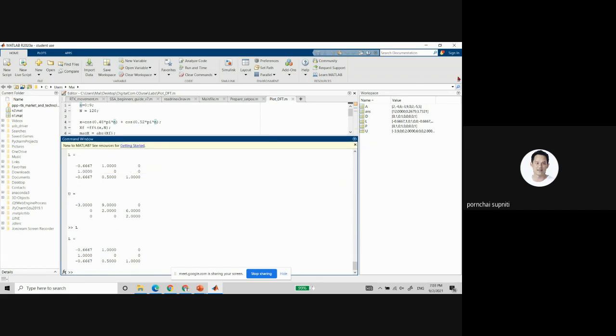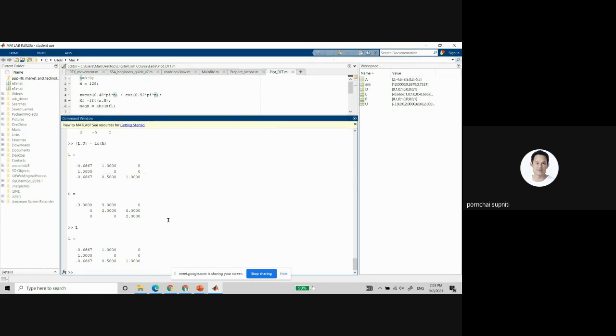Okay, so this is L. Now, if I do inverse of L, what do I get? But this L is different, I think. This is not a lower triangular matrix, right? Yeah, in MATLAB, I think they do LU a bit differently.